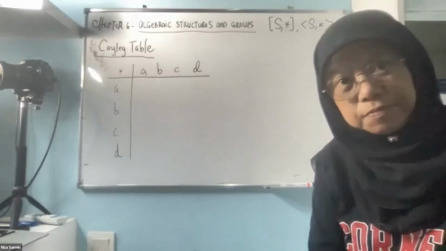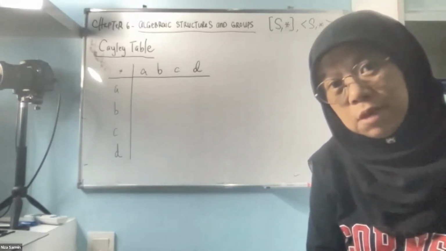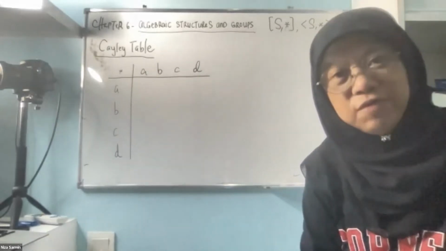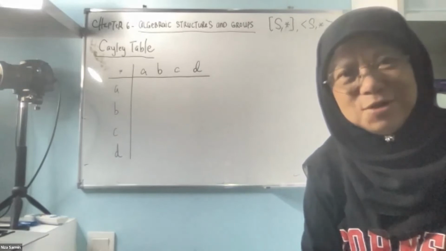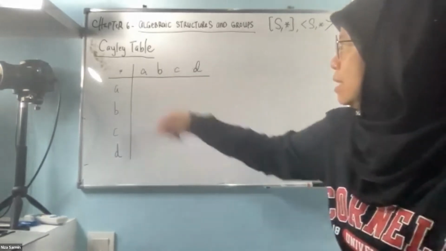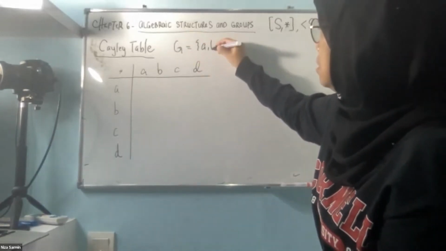In which every row and every column has only elements of the set or of the group, no other, no outside, right? So if you see, this is actually the element of the group. We normally call it Z, okay?